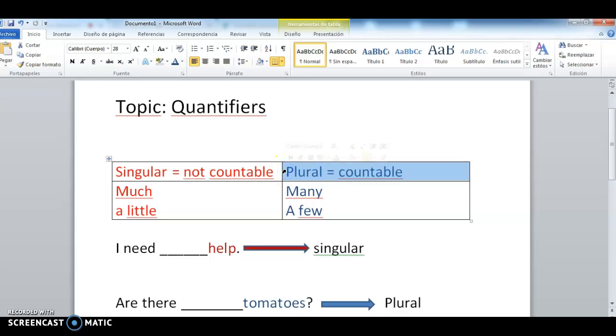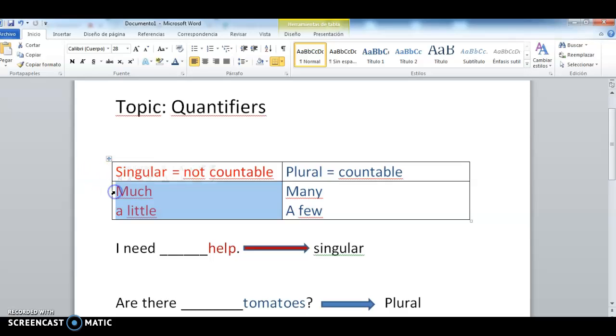Cuando yo uso algo en plural, tengo que usar un cuantificador que solo me sirve para plural. Si yo uso algo en singular, estoy hablando de leche, de confianza, de amor, de arroz, frijoles, algo que no se puede cuantificar de forma fácil.